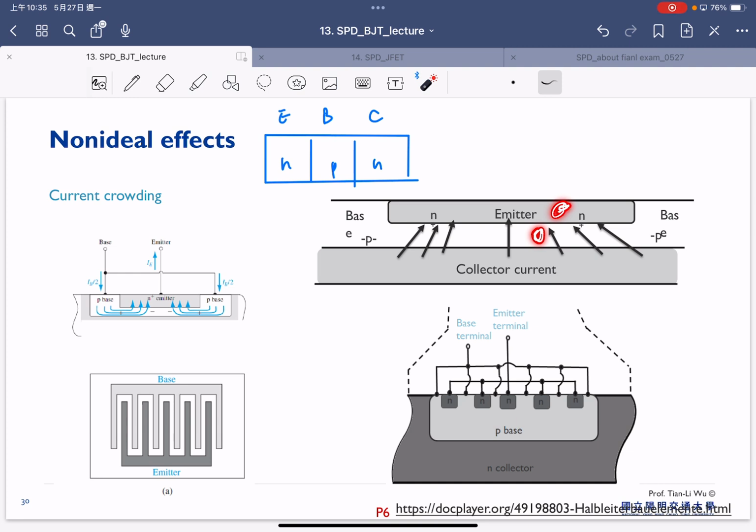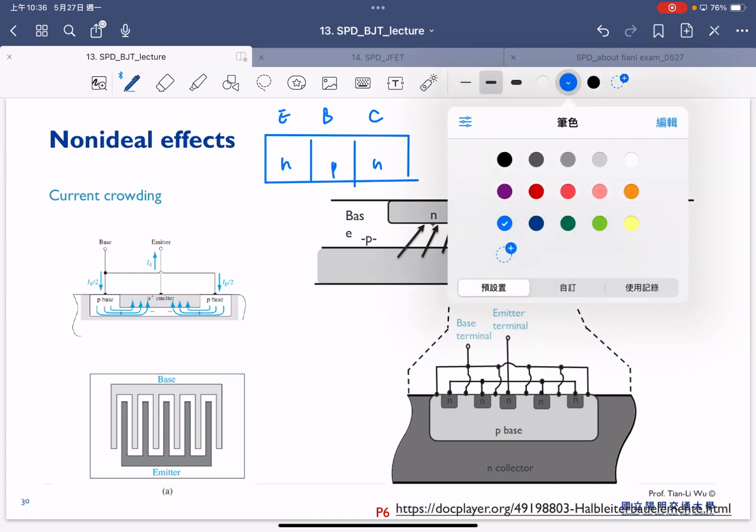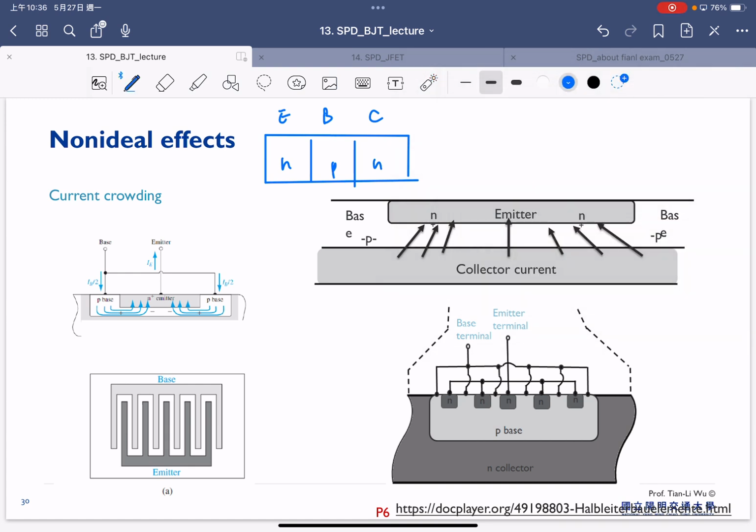And the problem is that the current flow will always be crowded at the edge, and very little current flows in the center, and that's what we call the current crowding effect.